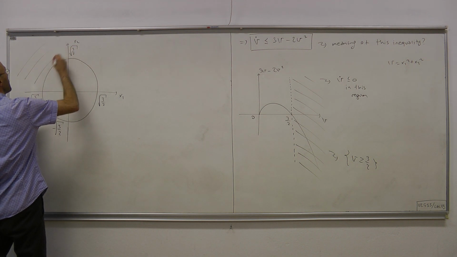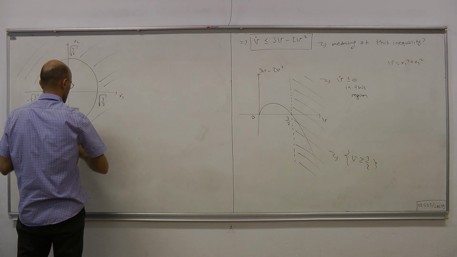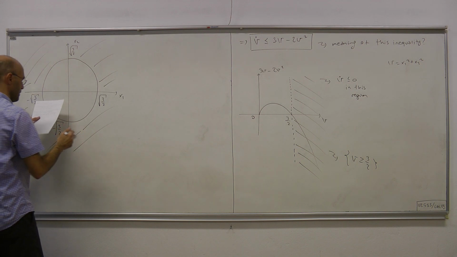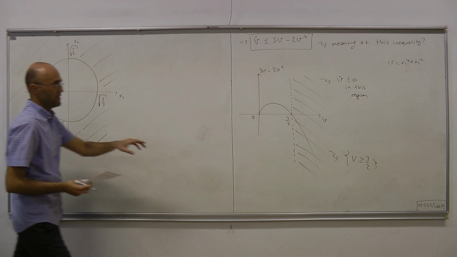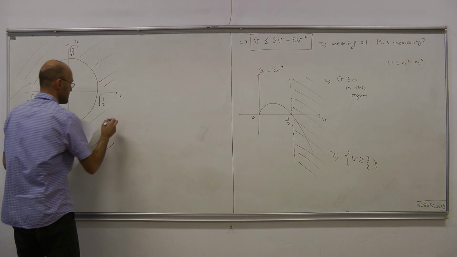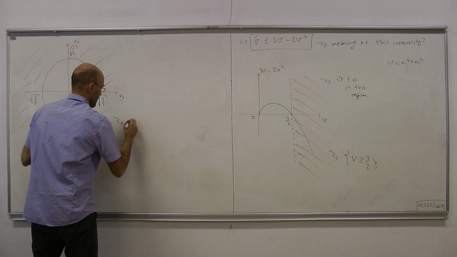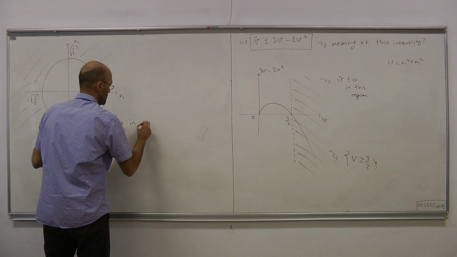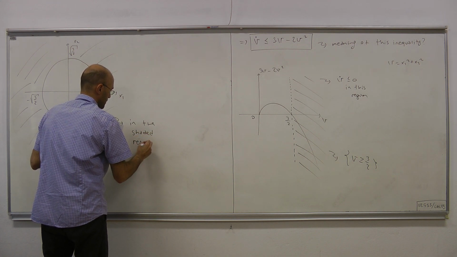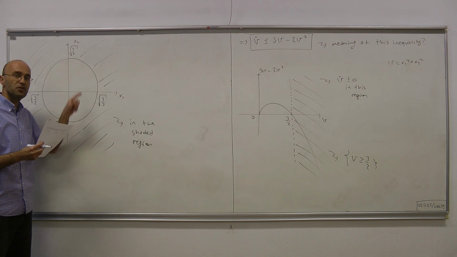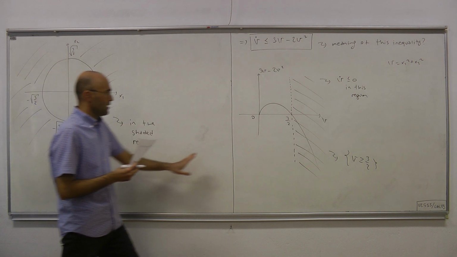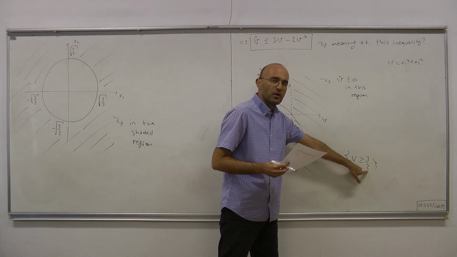And we're talking about this region when we say v is larger than 3 over 2. Okay. And in the shaded region, okay, that is outside this circle with radius square root of 3 over 2, v is larger than or equal to 3 over 2.